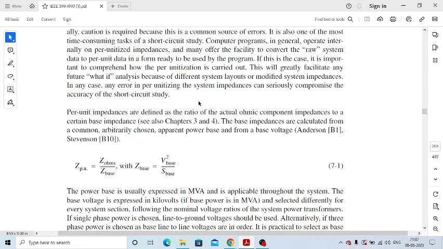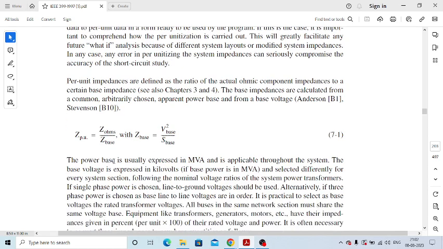Okay, and also the calculation method. We can calculate the short circuit current in multiple ways. One of the most used methods is per unit based calculation. So I'm requesting everyone to get familiarized with per unit calculations.